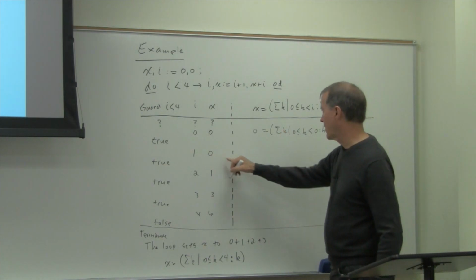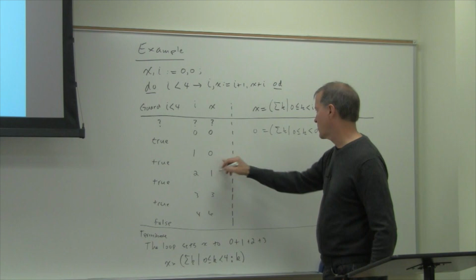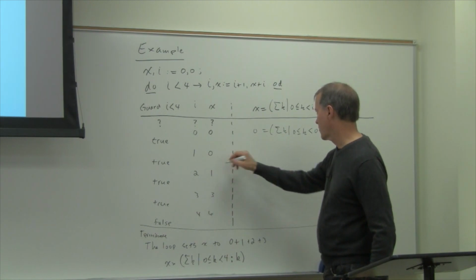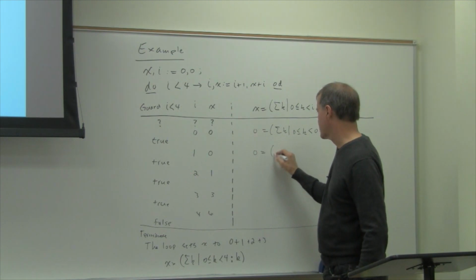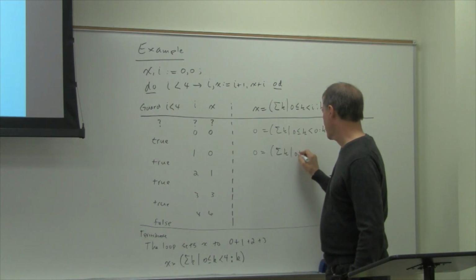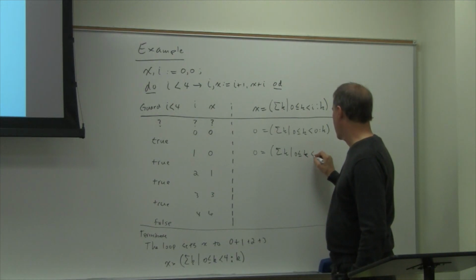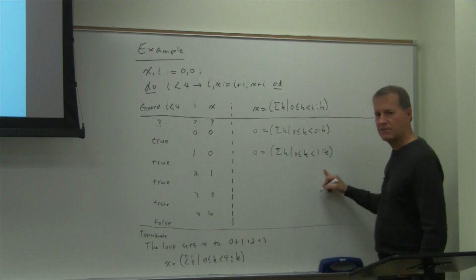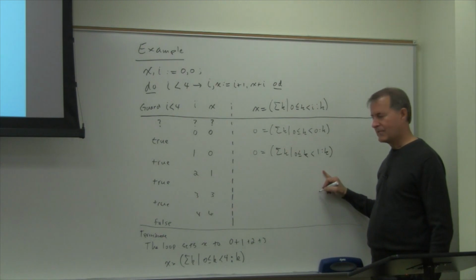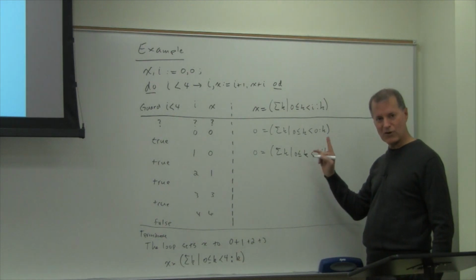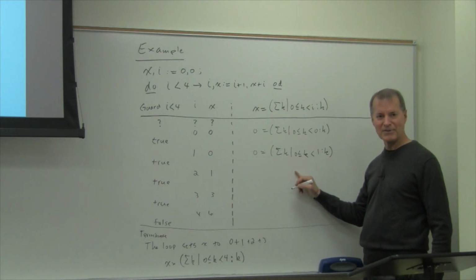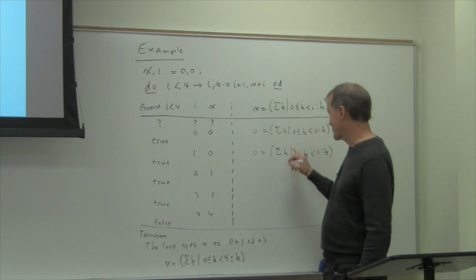What about at this point? x is 0, so this says 0 equals sum on k, 0 less than or equal to k less than 1, body k. Is that true? Yes, because there's only one term, so it's the one-point rule. So the empty range rule, one-point.